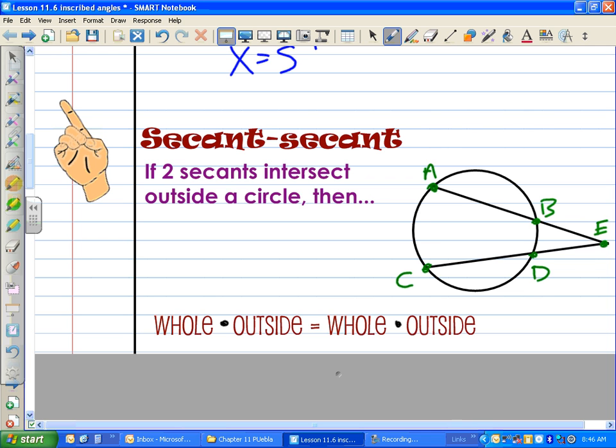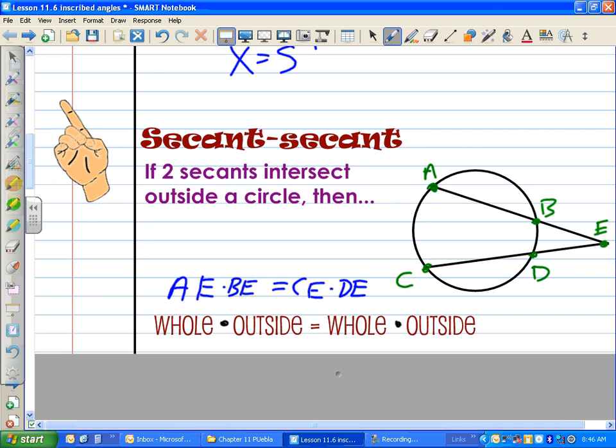The whole times the outside equals the whole times the outside. That's how that works. So if you want to write down those variables, it's AE times BE, the whole times the outside, equals the same thing as the whole, which is CE, times DE.